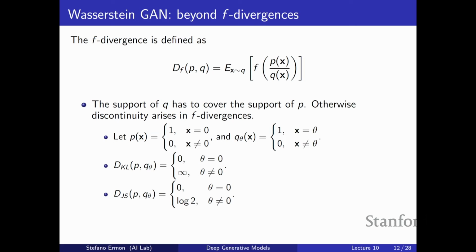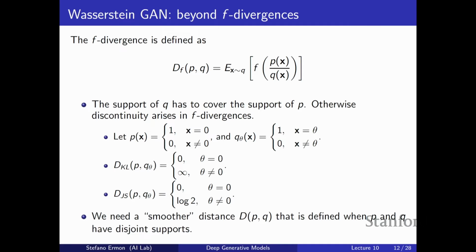Again, there is no signal. There is no notion that theta 0.5 is better than theta 10. Ideally, that's something you would want, because then you can do gradient descent and move your theta closer and closer to the value you want. But F divergences can have trouble with these situations.